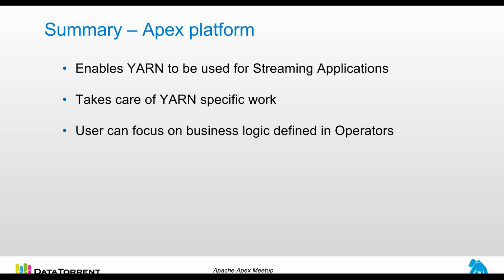So basically, it takes care of all the YARN-related work, and the user need not worry about that at all. What the user only needs to focus on is the business logic that is defined as a part of operators and how the data is going to flow from one operator to another operator, and that's all. So that's how Apex provides the complete YARN-specific infrastructure. That's all I have, guys.